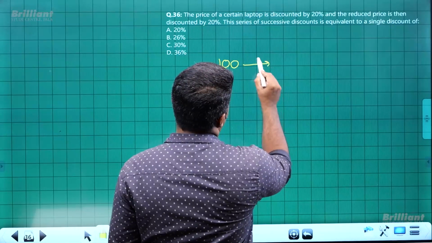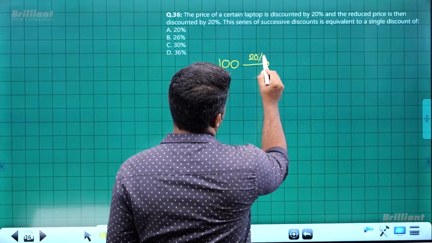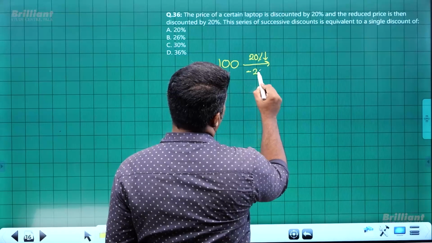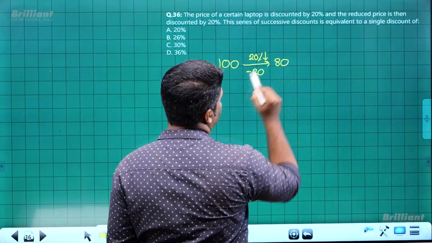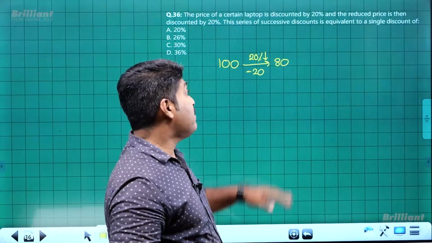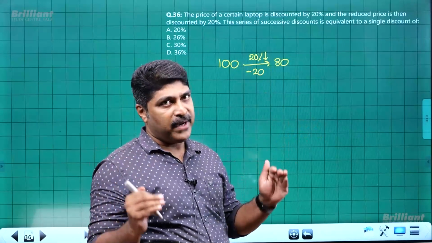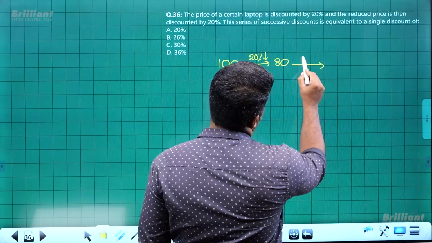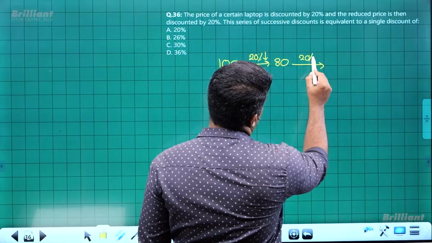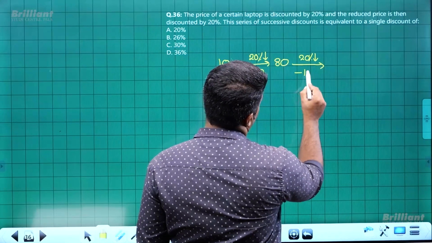There is a discount of 20%. You have to subtract 20 from here. What is 20% of 100? That's equal to 20. You just subtract. The price becomes 80. This is the price after the first discount is applied. Then we apply the second discount on this price. Second discount on this price. That is 16.